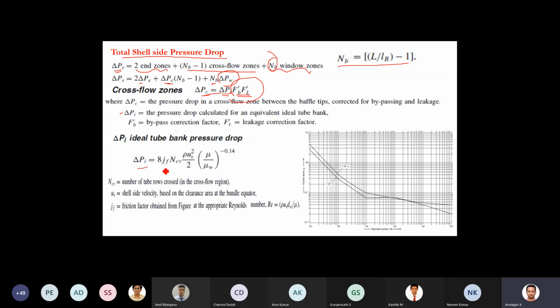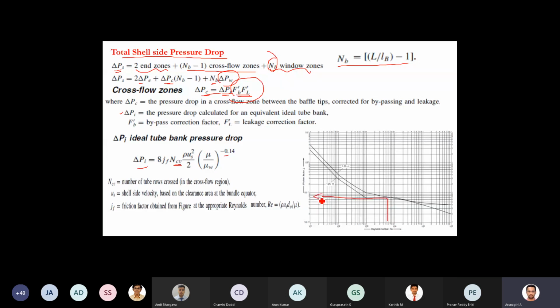So delta PI is 8 JF NCV, again the number of tube rows in cross flow zone, times rho US squared by 2, times mu by mu W power minus 0.14. JF is a friction factor that you can obtain from this chart for different Reynolds number.